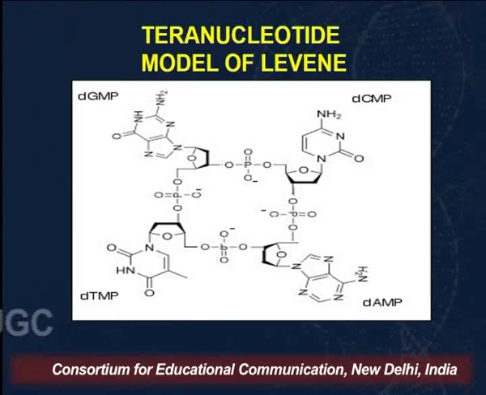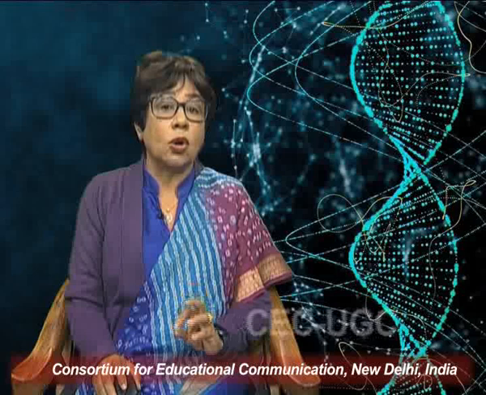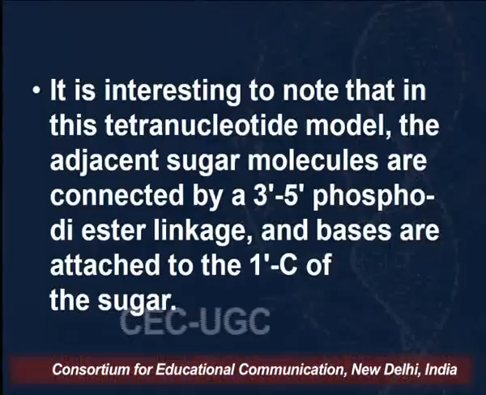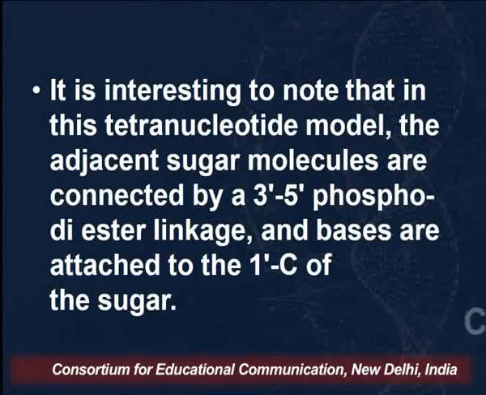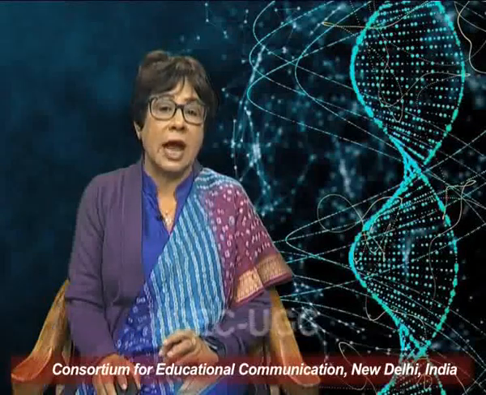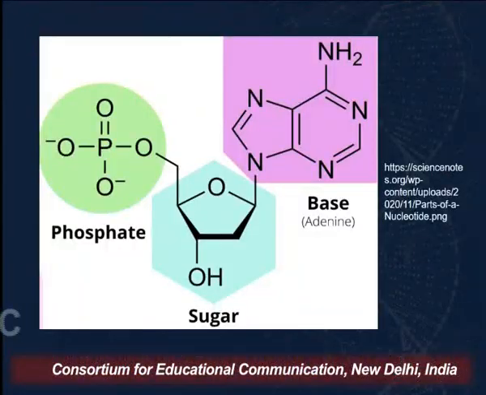It was very interesting to note that according to him, in this tetranucleotide model, the adjacent sugar molecules were connected by a 3', 5' phosphodiester linkage, and bases were attached to the C1' of the sugar. So as you can see on your screens now, according to Levene, the phosphate group was attached to the C5' of the deoxyribose sugar.